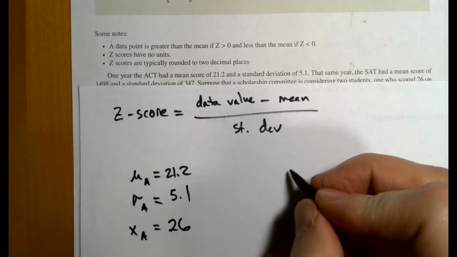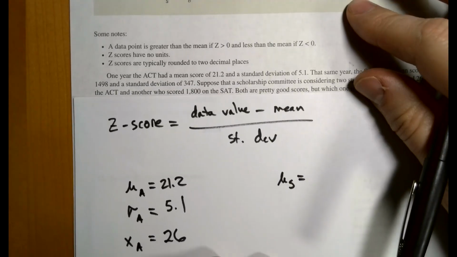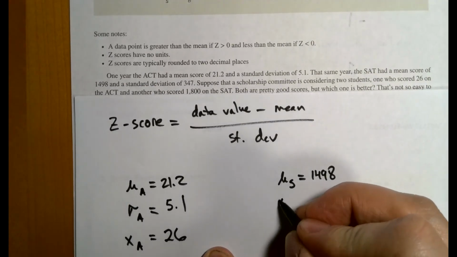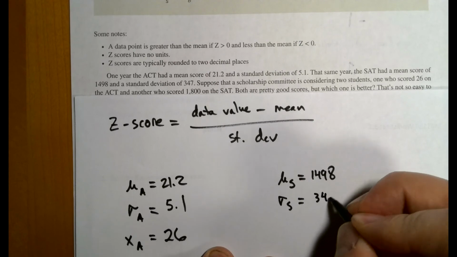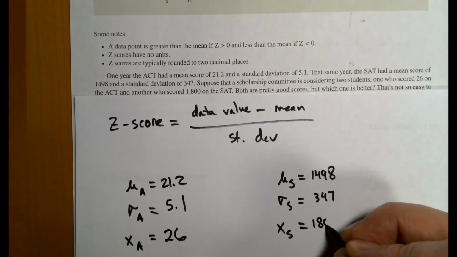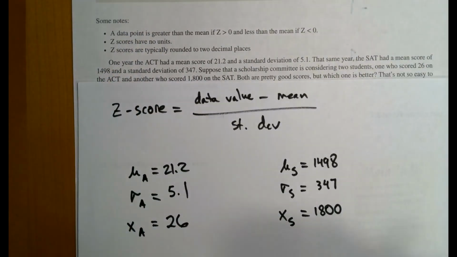And then over here, I'm going to do mu S for SAT, and that score was 1498 for the mean, and that sigma S is 347, and the data value that we're given is a student that scored an 1800. So what we'll do is calculate the z-score for each of these, and then we can see which z-score is better.